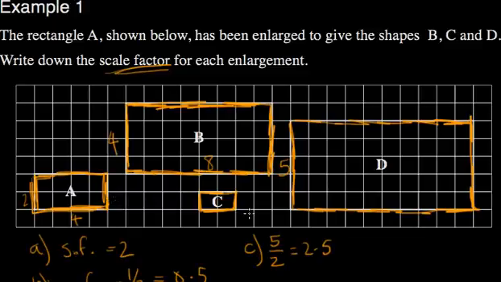And we can count the squares here to see if it's 10. So 1, 2, 3, 4, 5, 6, 7, 8, 9, 10. It is 10. So if that length is 10, that 4 has grown with the same scale factor. So this is an enlargement of scale factor 2.5.